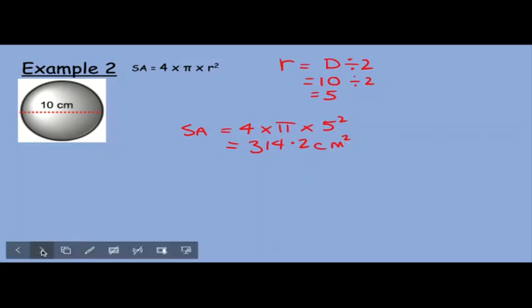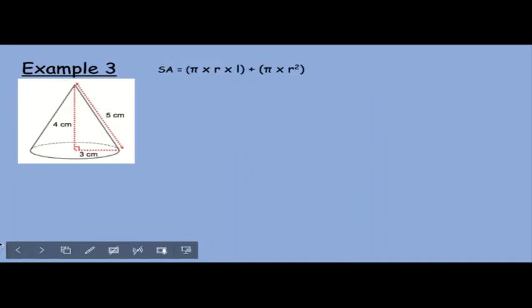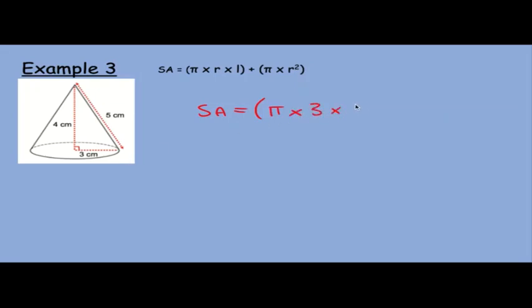Right, so let's look at our cone examples now. So our first job again is just to write this out using our actual figures. So we've got pi times a radius of 3 and our slant height of 5 plus pi times 3 squared.